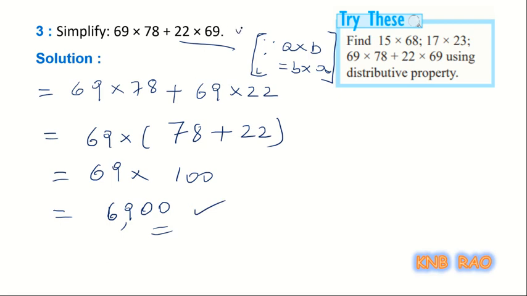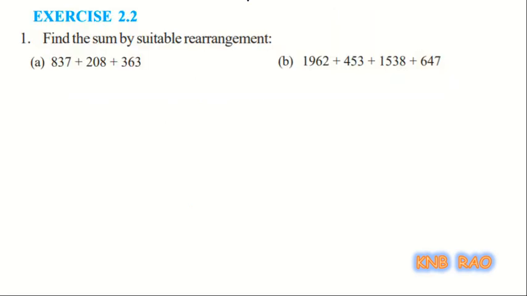Okay. Now coming to exercise 2.2. In exercise 2.2 there are two questions, and the question is: find the sum by suitable rearrangement.